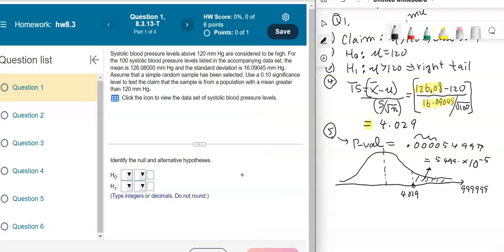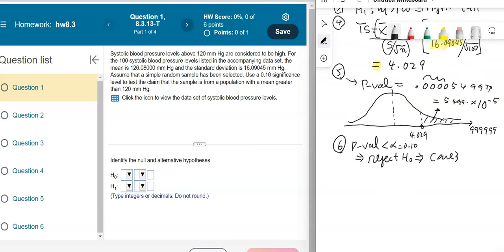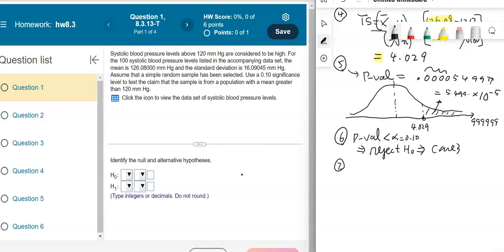All right, now, so let's answer it. Well, not only that, since p-value is less than alpha, alpha is 0.10, right? Because it's less than alpha, we reject the null hypothesis. So that should be case 3. Okay, so what case 3 says, the final conclusion is sufficient evidence to support the claim.